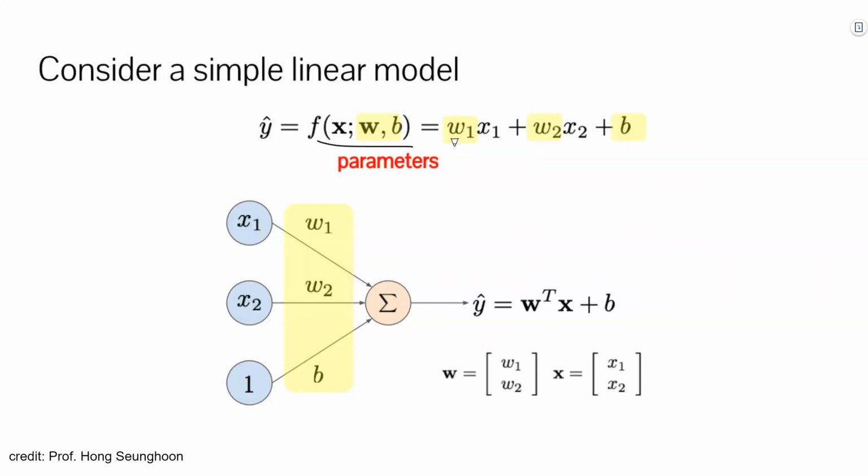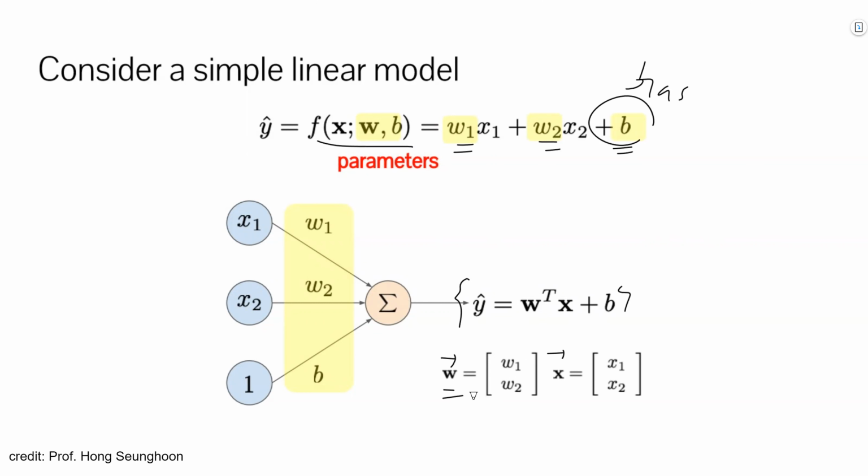And here, W1, W2, and we can have an extra value, which is bias. And this B are all parameters. And we can represent this operation using matrix multiplication like this. Here, W is W1 and W2, and X is X1 and X2.